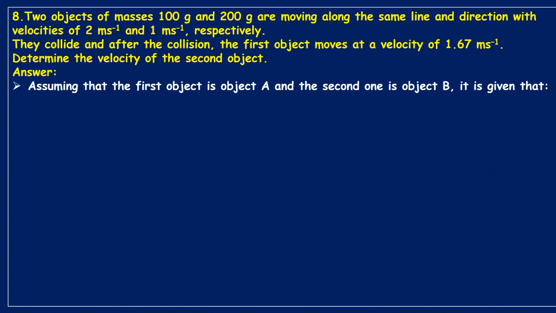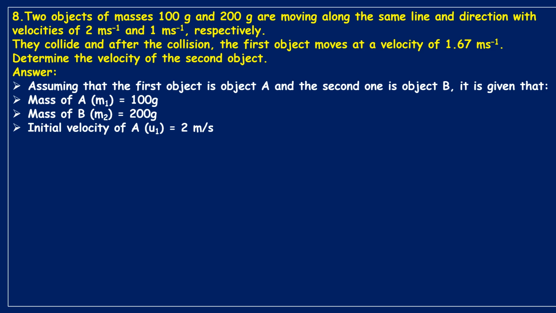Answer: assuming that the first object is object A and the second is object B, it is given that the mass of object A, m1, is 100 grams, and the mass of object B, m2, is 200 grams. The initial velocity of A, u1, is 2 meters per second, and the initial velocity of B, u2, is 1 meter per second.